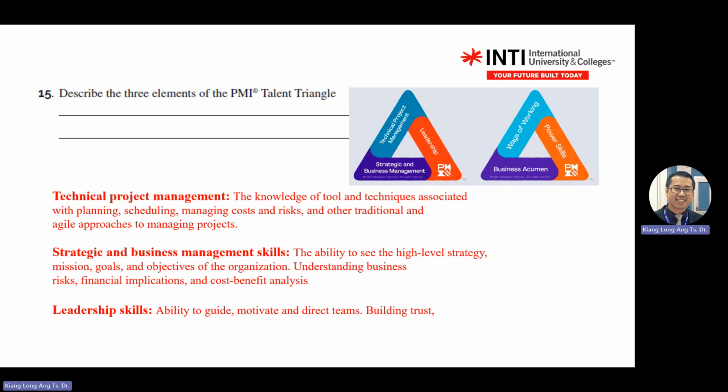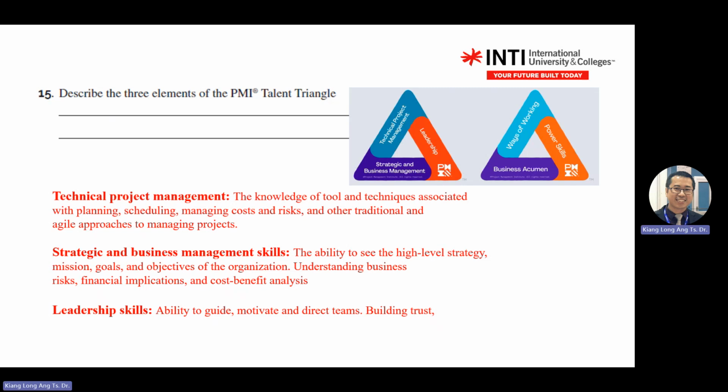How do we ask you about this PMI talent triangle? We'll ask you to elaborate on the latest skill set proposed by PMI in order to achieve project success. Then you elaborate on these three.